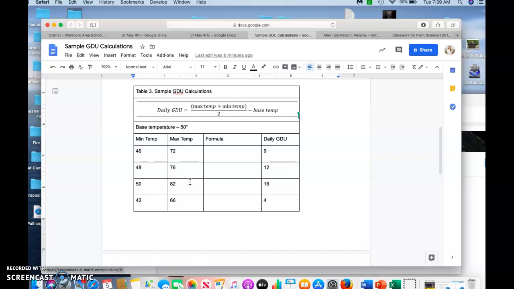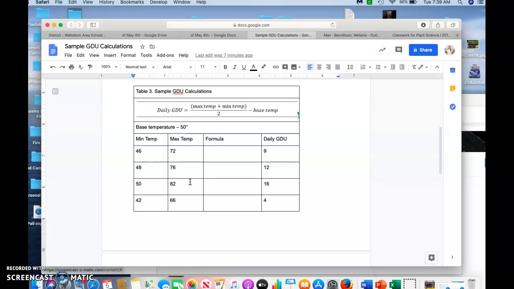And pay attention to the special instructions that are highlighted in the document about the minimum and maximum temperatures for the cucumbers, because there might be a couple that are tricky because of that. To find the daily growing degree units gained each day to help that cucumber produce flowers and fruit, we use this formula. We get the average temperature and subtract the base temperature, and that's how many units it gains.